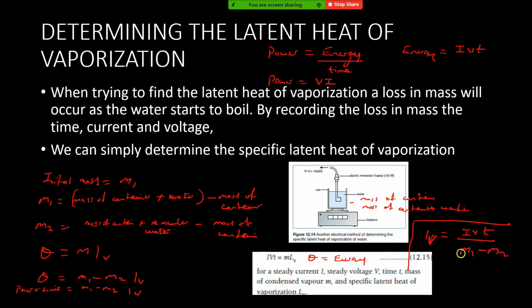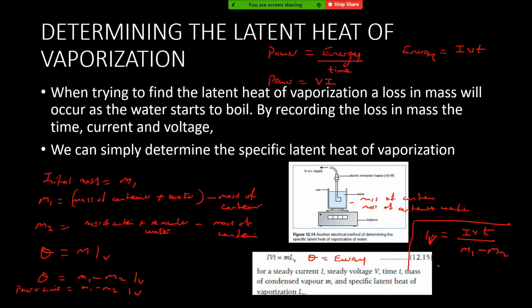So that is the entire scope of this way of finding out the latent heat of vaporization. There are other methods, right? But this is a fair method to understand.